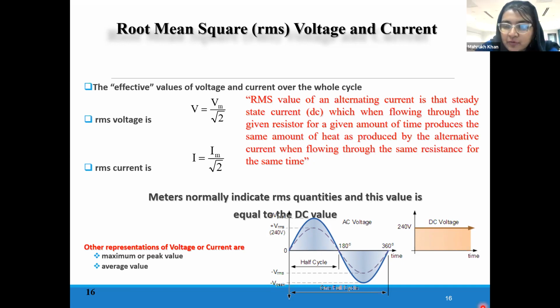It means that if you have this DC voltage and connect it to the resistor, this DC voltage will produce approximately the same amount of current as this RMS voltage will produce. So we need to know the RMS voltage because it is equivalent to your DC voltage, okay?